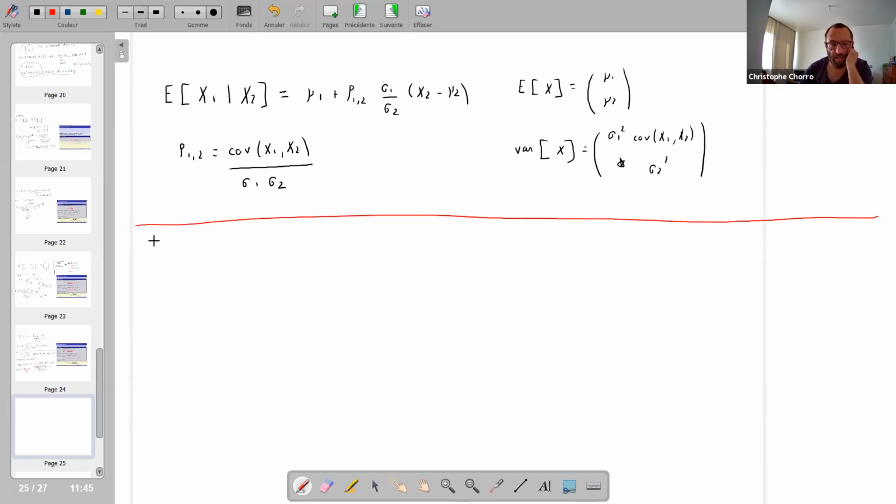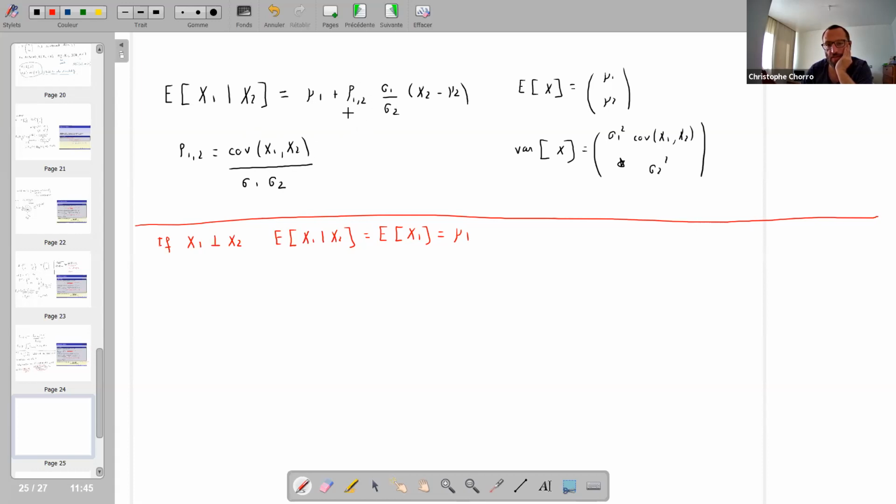So just a remark, if x1 is independent of x2, I know from my course on conditional expectation that the conditional expectation of x1 given x2 is equal simply to the expectation of x1, that is equal to mu1. And of course, I obtain this formula because in the case where I have independence, the covariance is 0.